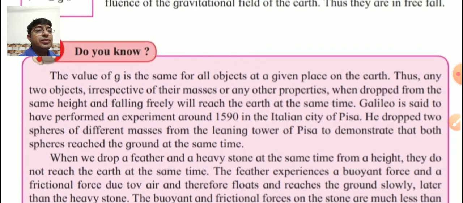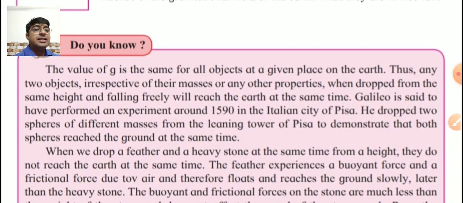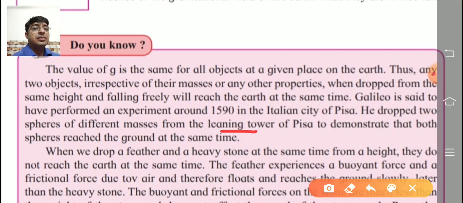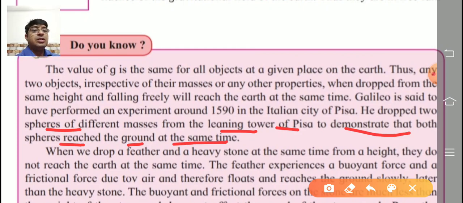He dropped two spheres of different masses from the leaning tower of Pisa to demonstrate that both spheres reach the ground at the same time. Masses are different but they reach the ground in the same time.